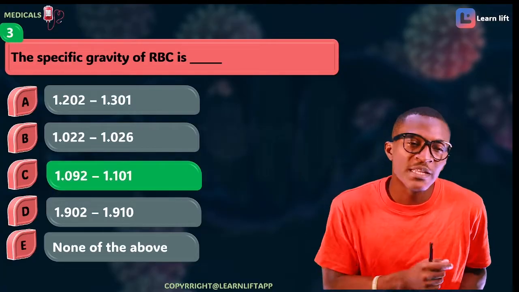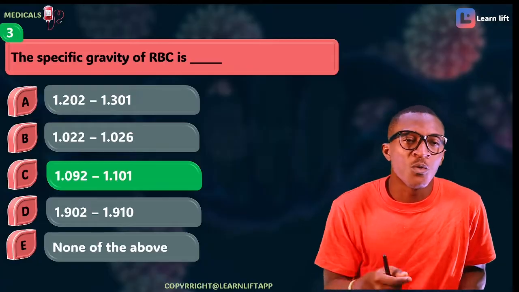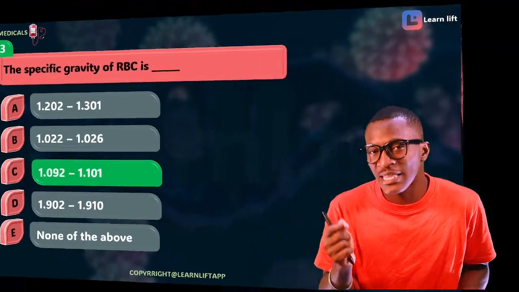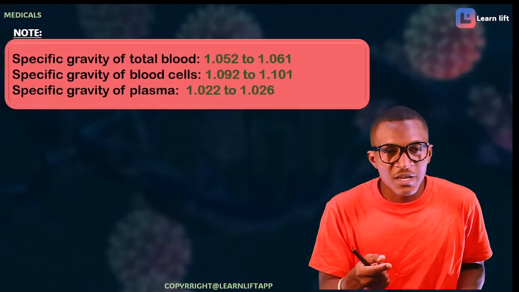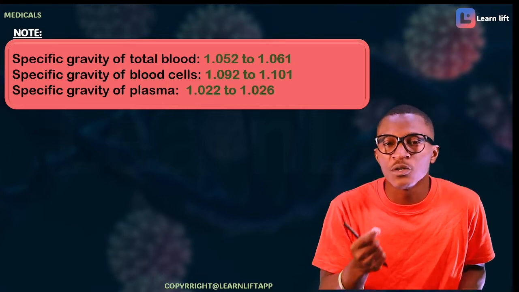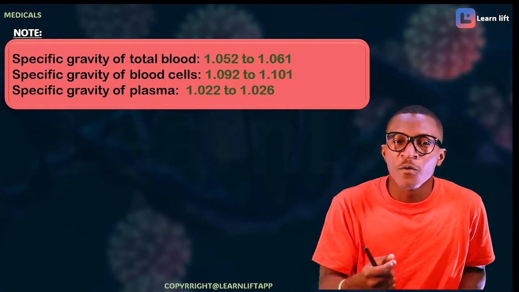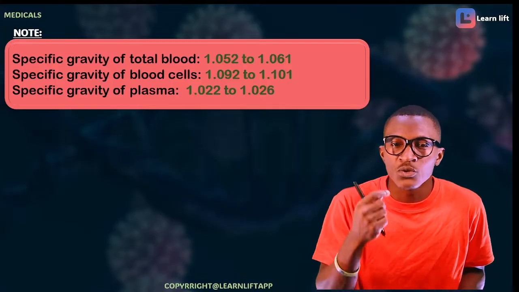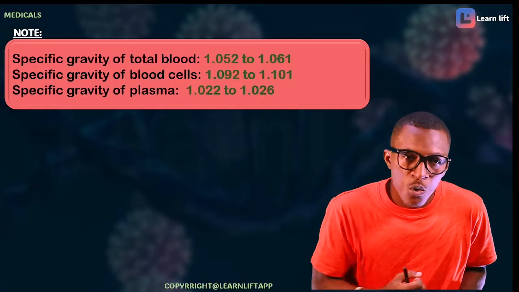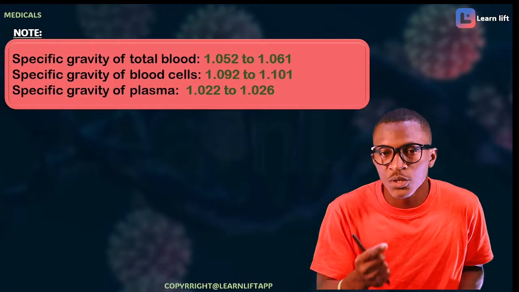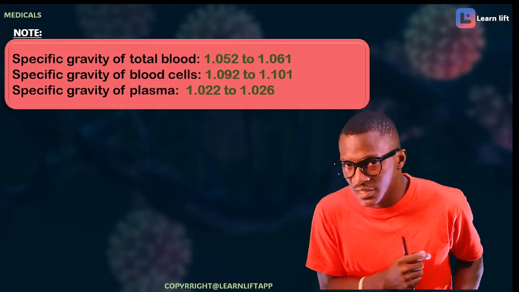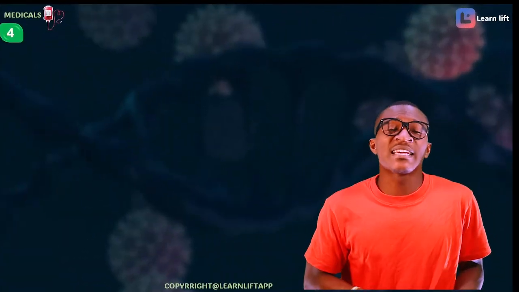Of course, from this, I'm making option C the answer. I hope you understand that. And this again is the summary. Specific gravity for total blood is 1.052 to 1.061, for blood cells is 1.092 to 1.101, and for plasma is 1.022 to 1.026. Quickly, let's take the next question.